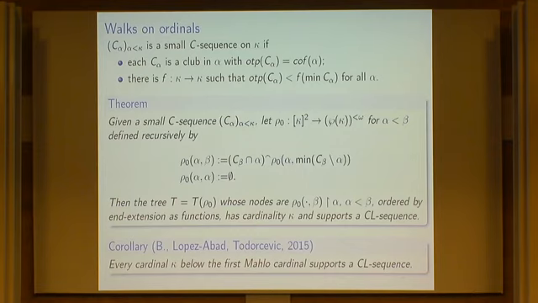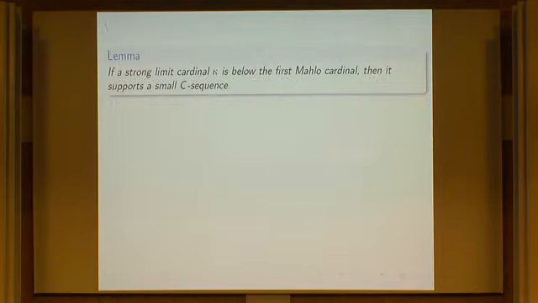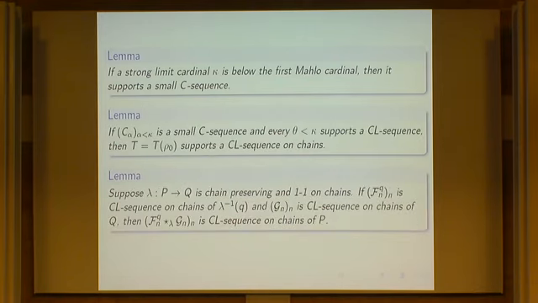Okay, so I reach kappa finally. And if it is not a strong limit, then I do something similar as I've done before, right? I suppose everything below is, and then I can pass to the cardinal. So this is the argument for all cardinals below the first Mahlo.